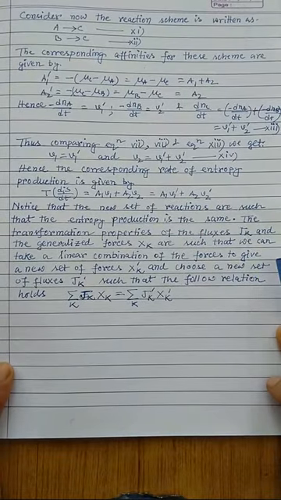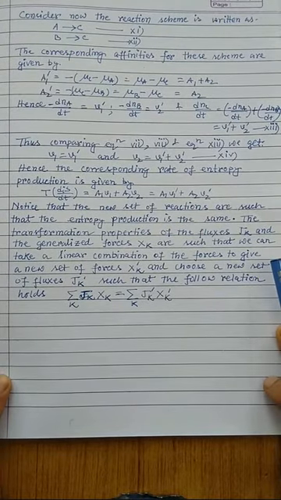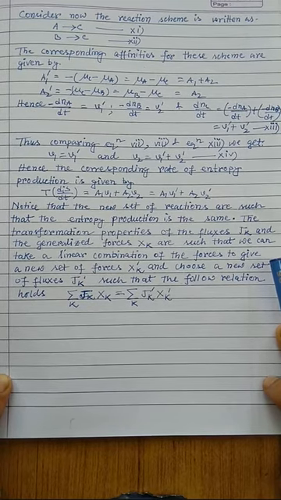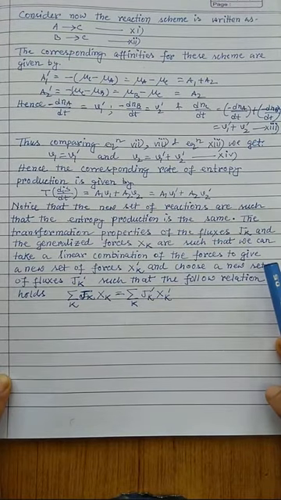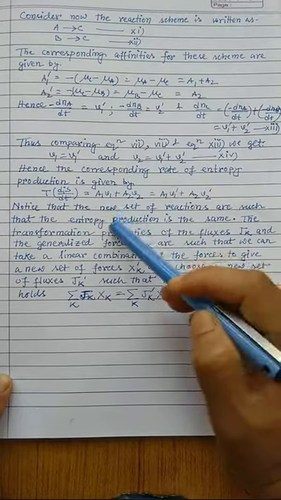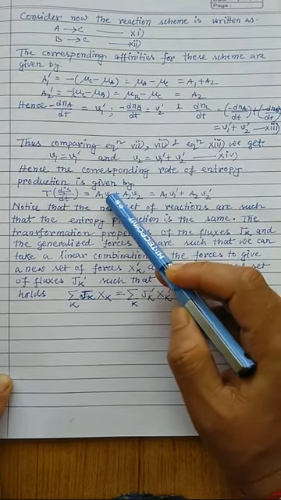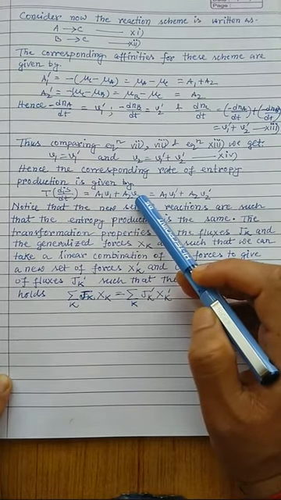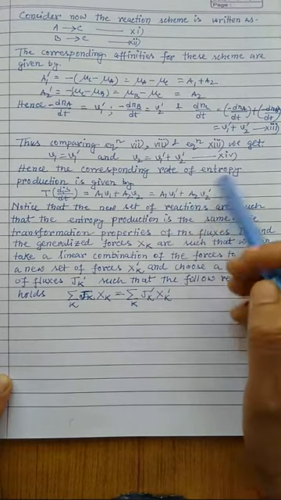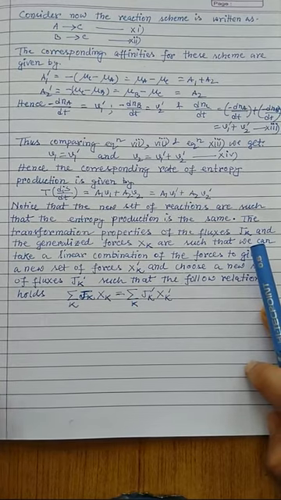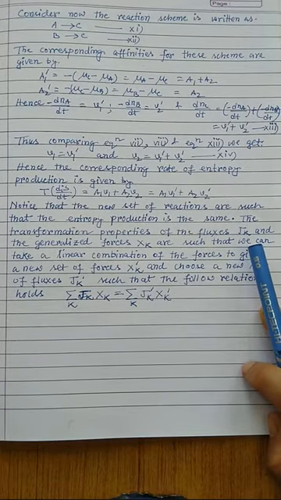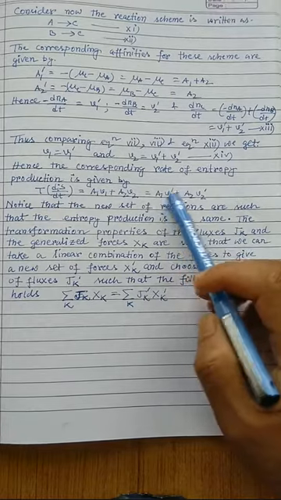Hence, the corresponding rate of entropy production is given by T into dS by dt, or T into sigma equal to A1 V1 plus A2 V2, that is for the initial equation. Now if I replace in place of V1 by V1 prime, and in place of V2 by V1 prime plus V2 prime, then the total equation comes out as A1 V1 plus A2 V2, because in that new condition, in place of V2 you can write V1 prime plus V2 prime, so it will always correlate.